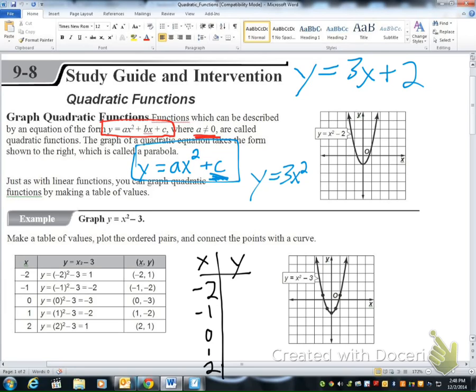So I'd say, okay, if x is -2, here's my equation, right? The first value I'm picking for x is -2. So up here, I'm going to replace x with -2. So I have -2 squared minus 3. So y equals 1. So when x equals -2, y is 1.